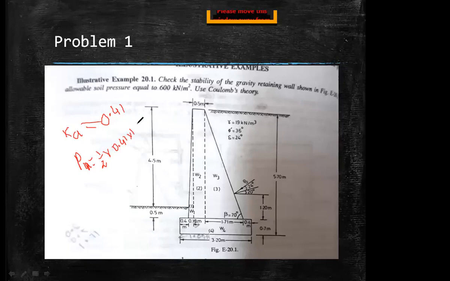So substitute these things in the formula. 5.7 square, right? H square it is. So tell me what is the Pa value. Calculate this and tell me.